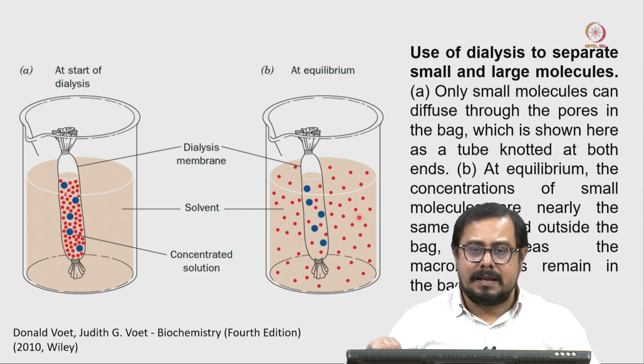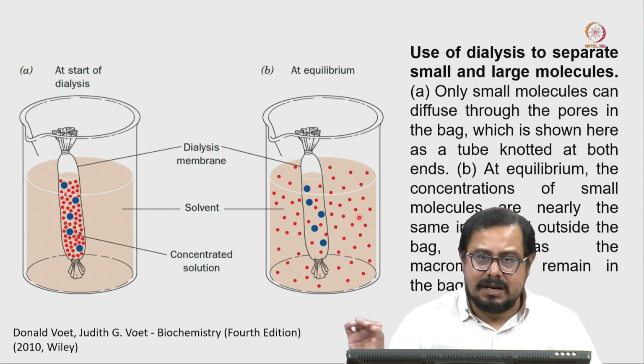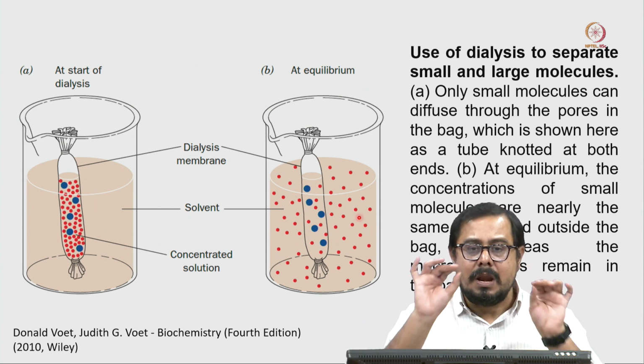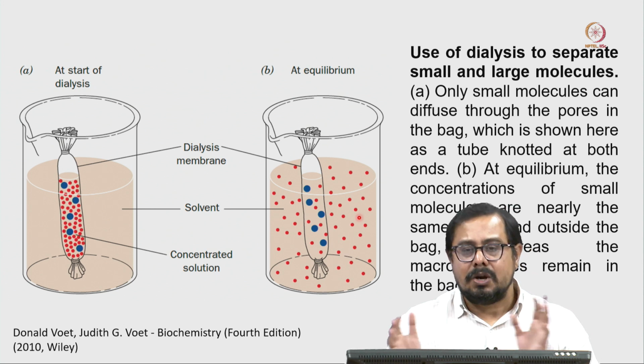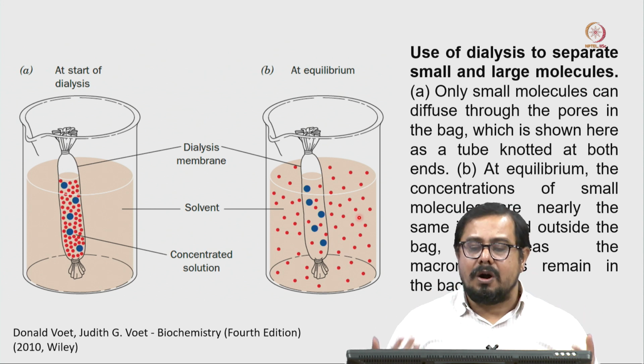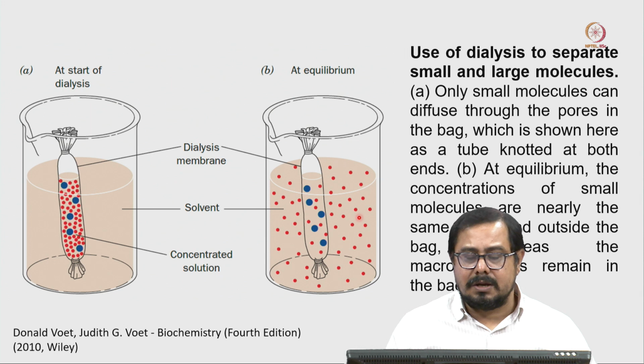Then we perform the SEC, where we get a very clear, neat and clean protein. That protein we take and do the dialysis to remove the high salt or glycerol concentration.